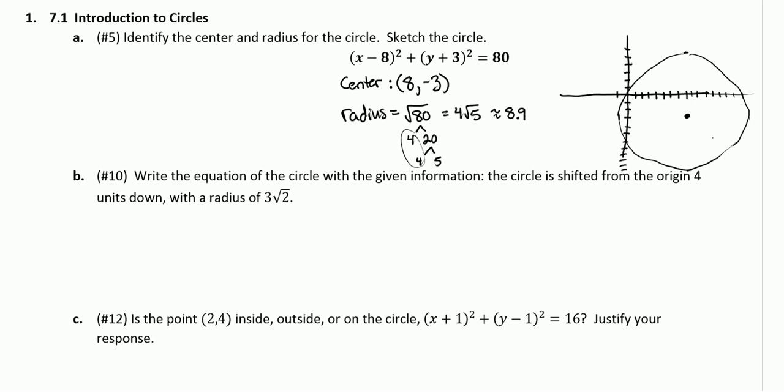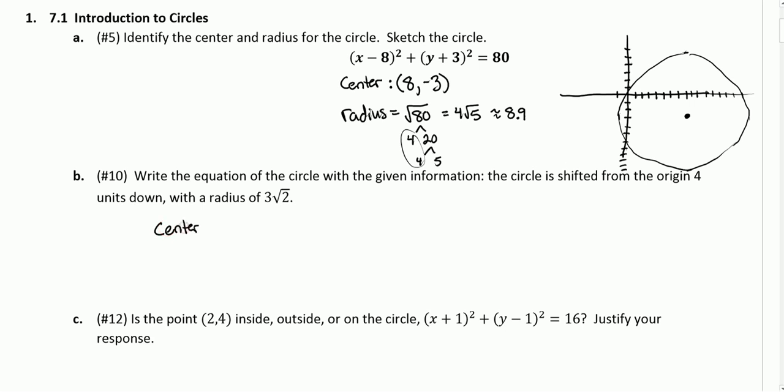So the next one, part B, we're taking from number 10 on our first homework. And we're to write the equation of the circle with the given information. The circle is shifted from the origin 4 units down with a radius of 3 root 2. So we want to get our center of the circle, and our radius is given to us already at 3 root 2.